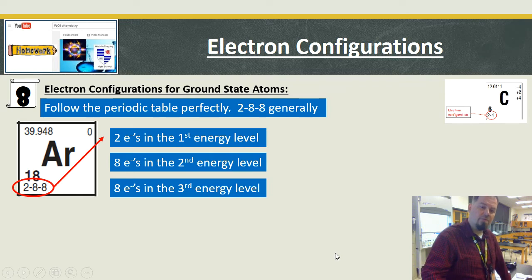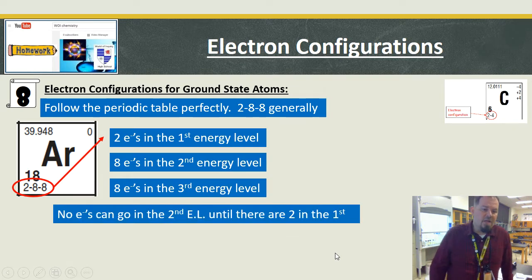Now, there's some rules to how we fill these, and we don't teach SPDF orbitals anymore or diagonal filling rules. Those are places where you can go for a little bit more explanation, okay? But it goes simply like this. I can't put electrons into that second energy level until I have 2 in the first energy level.